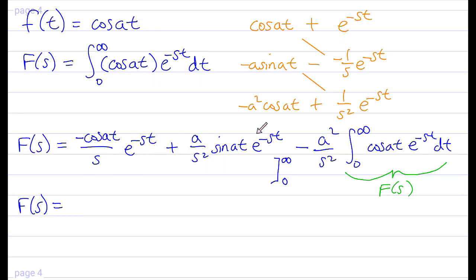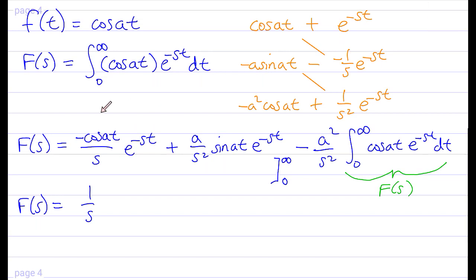This term, as t goes to infinity, also goes to 0, so we don't have to worry about that part. At t equals 0, this term with a sine in it is going to become 0. All I'm going to be left with is this term. This guy is 1, and I get minus 1 over s. But remember, I'm subtracting the lower bound, so I actually get 1 over s.